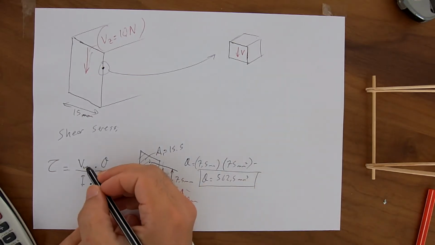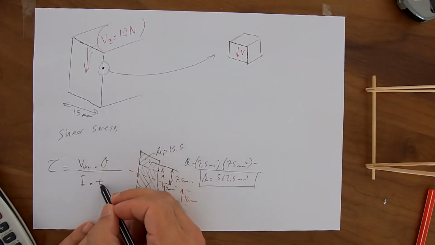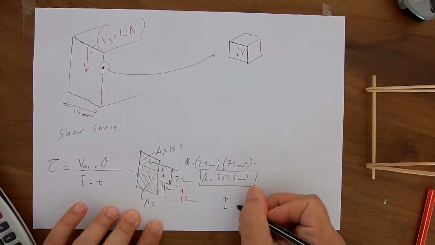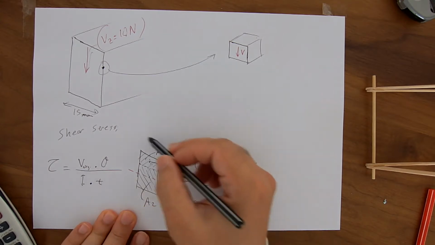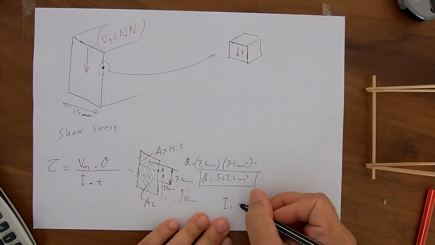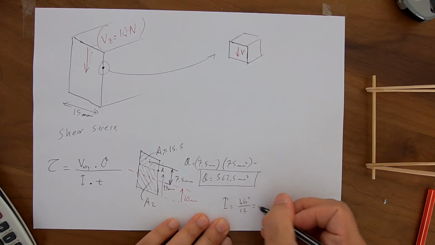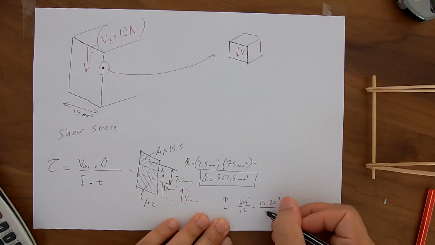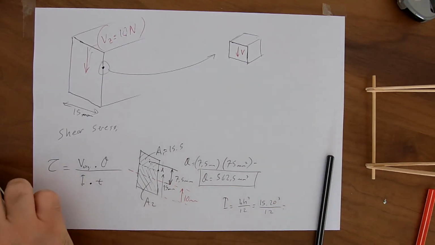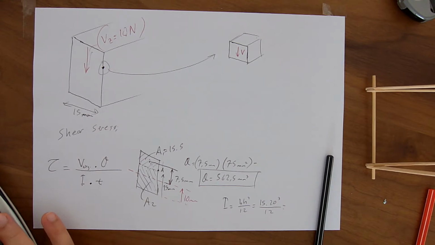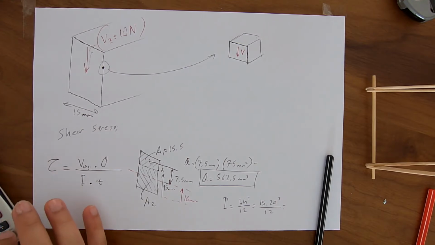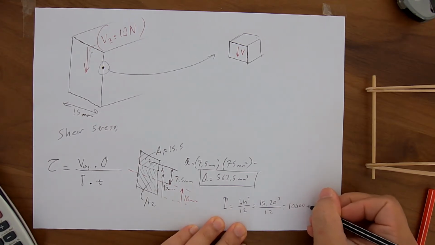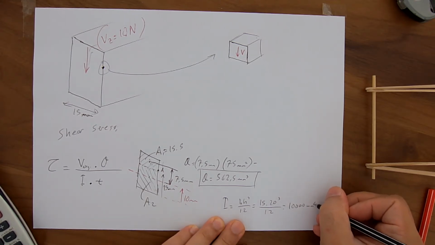Okay, we determined the average and we know what T is. Calculating the I, I applies to the whole cross section, BH cubed over 12, 15 times 20 cubed over 12. It is 10,000 millimeters to the power 4.